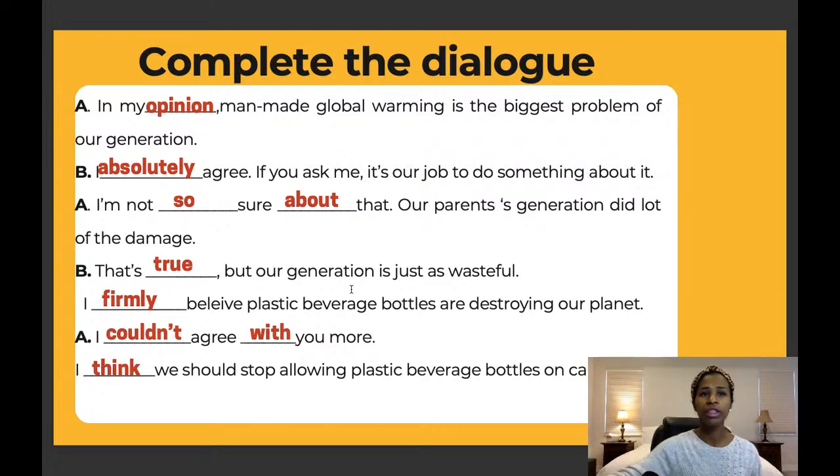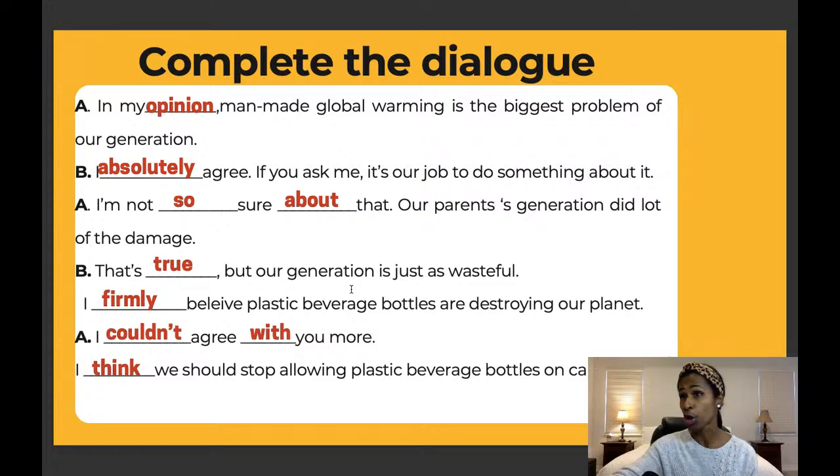I'm going to leave this on the screen again for you guys to read out loud. "So in my opinion, man-made global warming is the biggest problem of our generation." "I absolutely agree. If you ask me, it's our job to do something about it." "I'm not so sure about that.